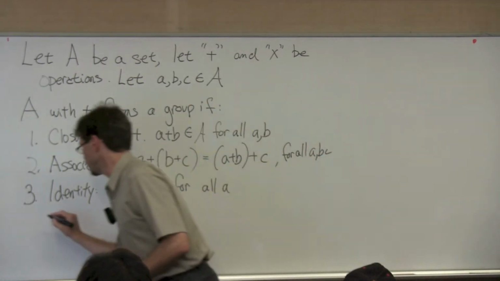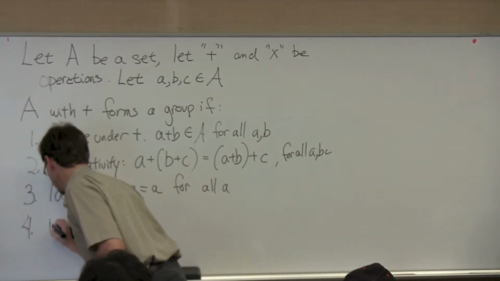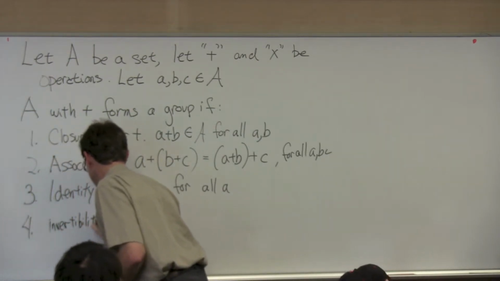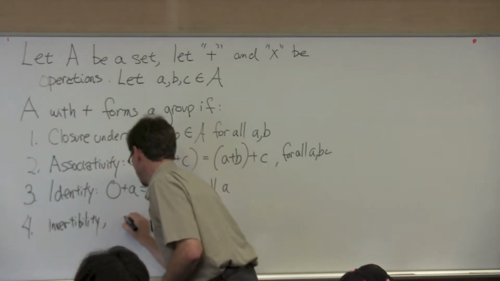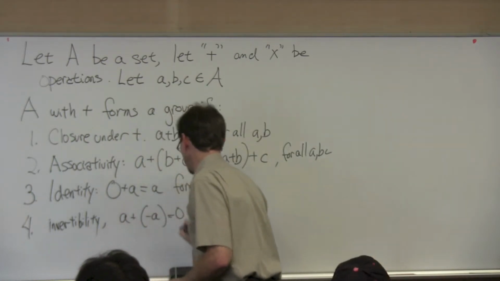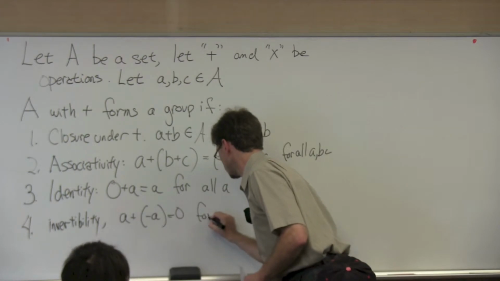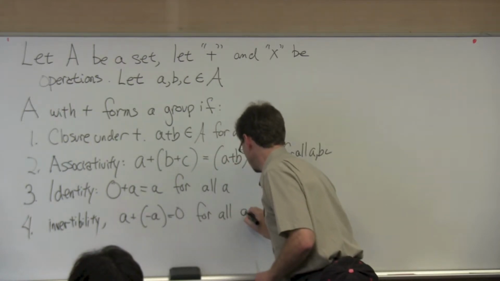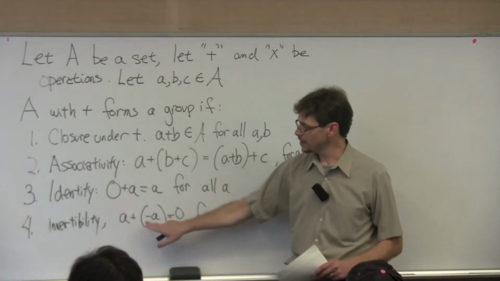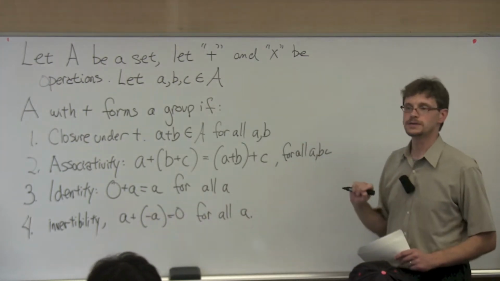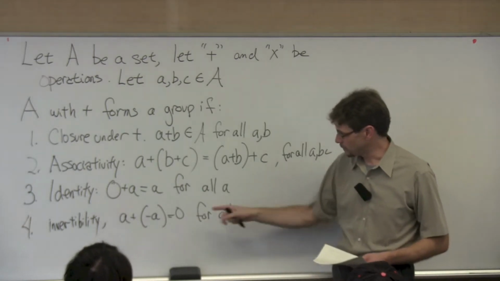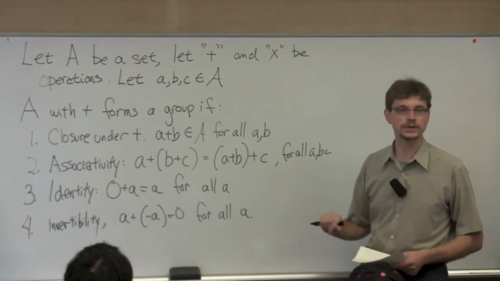And then finally, 4, invertibility. We have a plus minus a is equal to 0 for all a. That is to say, for any element a, there's an inverse such that if you add the inverse to it, you get 0 back again.